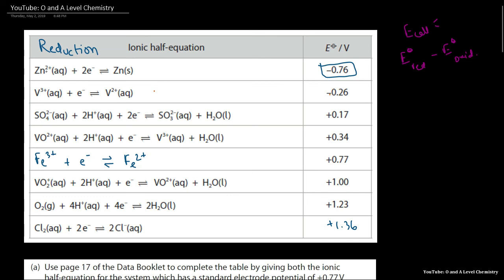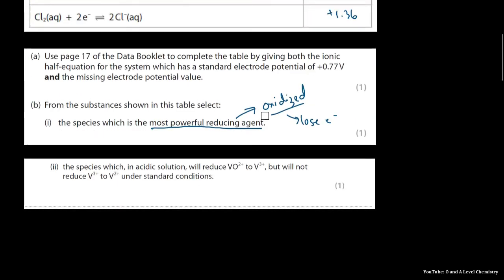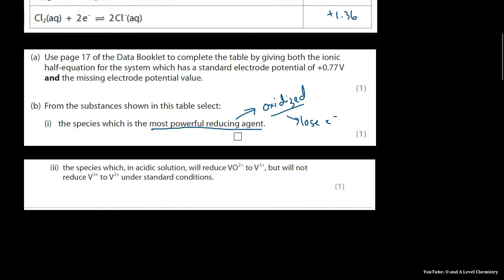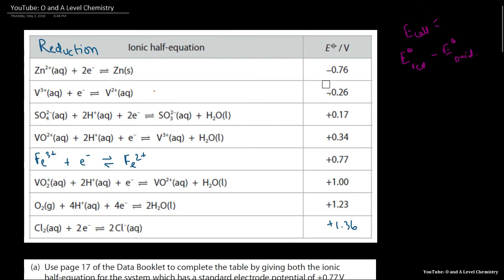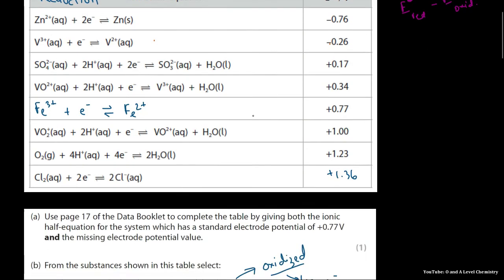This basically means that zinc 2 plus ions do not want to get reduced to zinc. Instead, the zinc metal would prefer to become oxidized to zinc 2 plus ions by losing 2 electrons, and then this would become positive. That's what it wants. So always remember that the most powerful reducing agent is going to be the most negative number in your table.